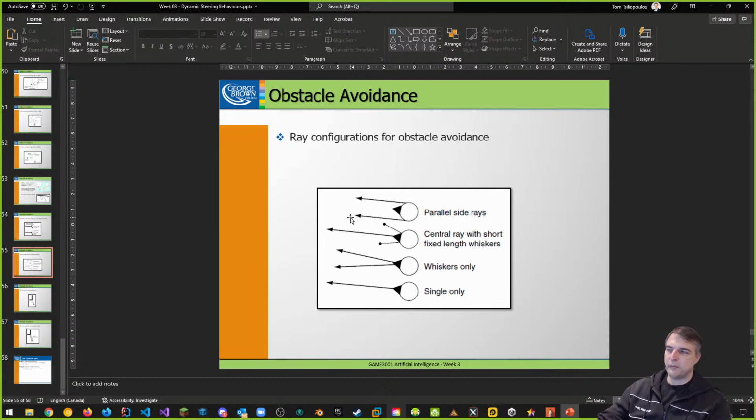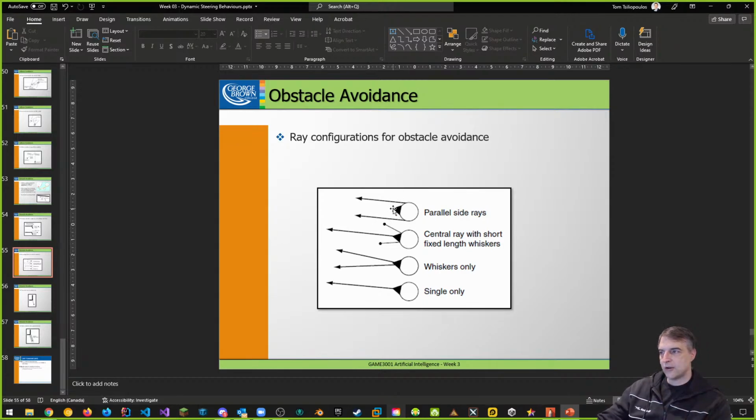Parallel side rays are great because they can avoid some of those issues that we talked about before. The problem with parallel side rays is, as we approach an object, if they both hit at the same time, which way do you turn, right? So that's a challenge. If I have a center ray and two whiskers, even shorter whiskers like this, you can have parallel side rays with a longer center ray, and now you know which way to start turning.